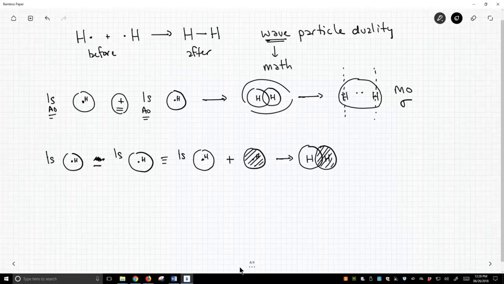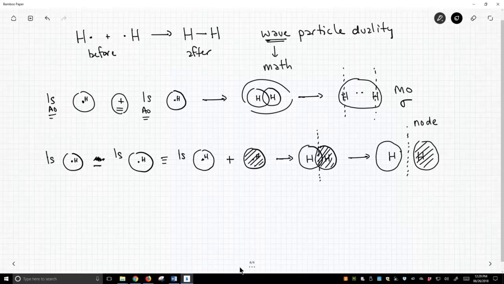And where these overlap, you're going to get a destructive interference where they're going to cancel out in between. And the resulting orbital that we're going to see is going to kind of look like this, where they've canceled out in between. And where we have no overlap between orbitals, we call that a node. And that's a node in between.